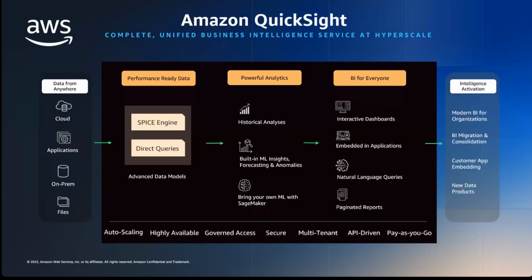QuickSight is built on a serverless auto-scaling architecture that is highly available with a robust set of mechanisms to provide secure governed access to your data and insights, which also include row-level and column-level security. Okay. QuickSight also provides a full set of APIs to enable automation and seamless embedding. So that was a quick overview of what QuickSight is.